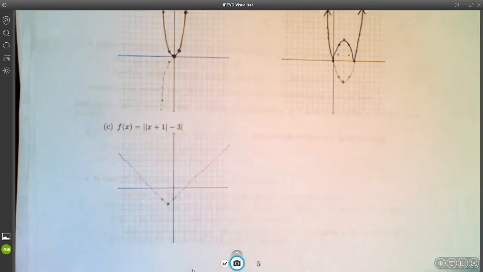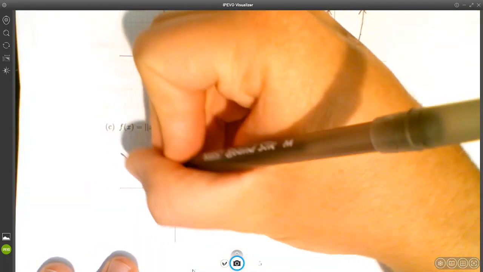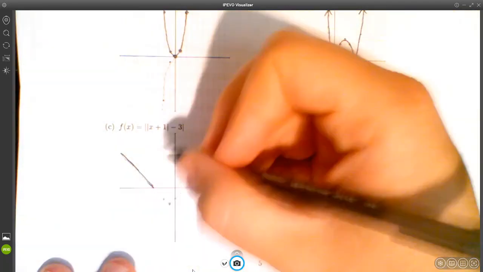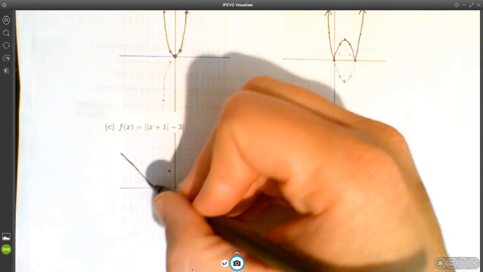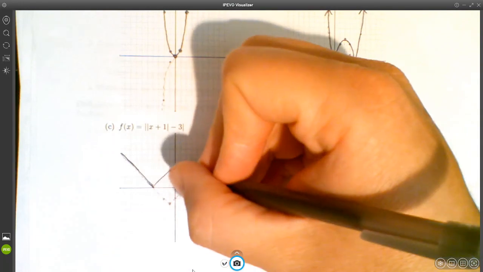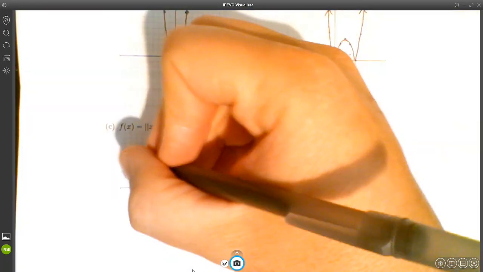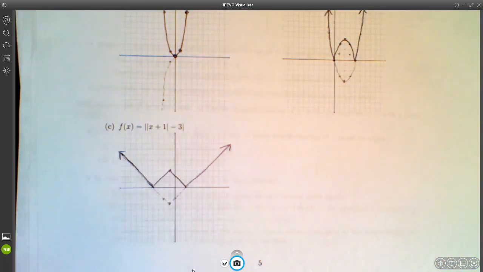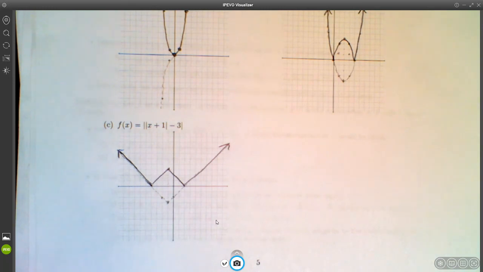But because of the absolute values, it's going to have to look like this instead. When we reach this point, we're going to bounce back up, and we're going to come up to 3. This one looks even more like a W than the previous one. So that's how you deal with absolute values when you're transforming functions.